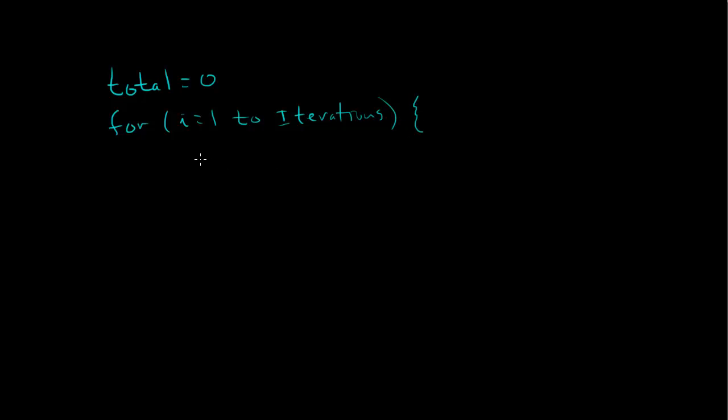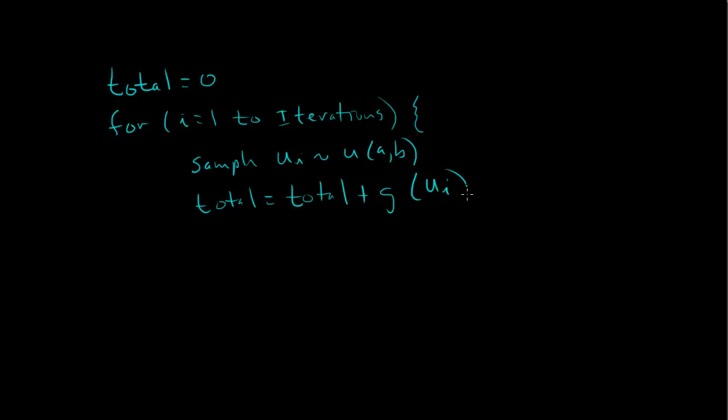Well, we need to sample a ui which is uniform on ab, and then increment total to total plus g of ui. So whatever the function g is, I'm just going to apply that function to my sample and then exit my loop.